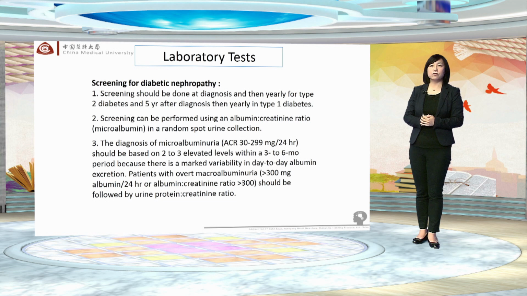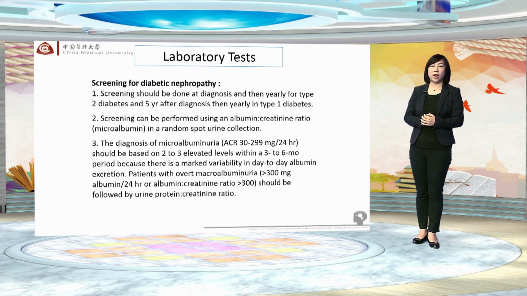The diagnosis of microalbuminuria, ACR between 30 to 299 milligram per 24 hours, should be based on 2 to 3 elevated levels within a 3 to 6 months period because there is a marked variability in day-to-day albumin excretion.